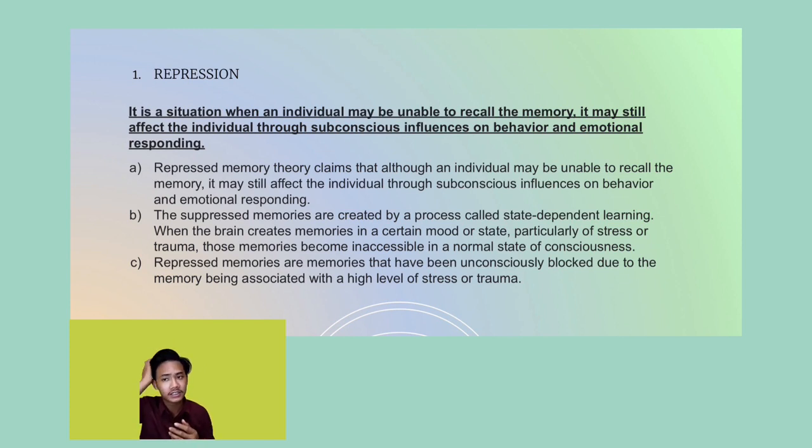When the brain creates memories in a certain mood or state, particularly of stress or trauma, these memories become inaccessible in a normal state of consciousness. And the last one is that repressed memories are memories that have been unconsciously blocked due to the memory being associated with a high level of stress or trauma.